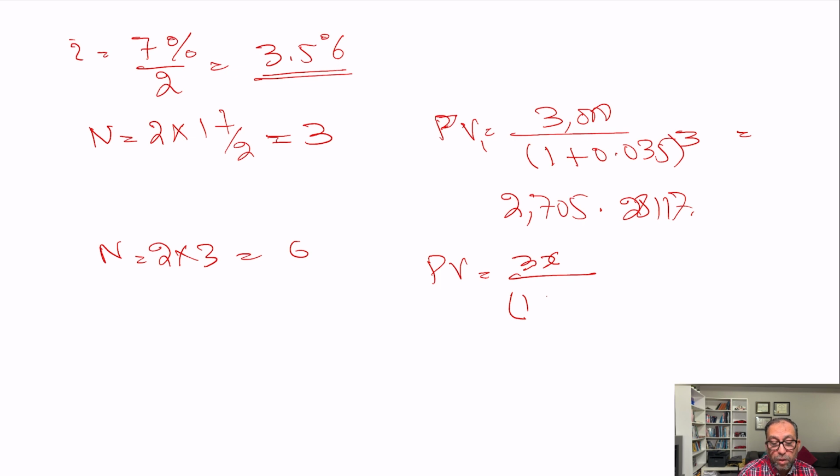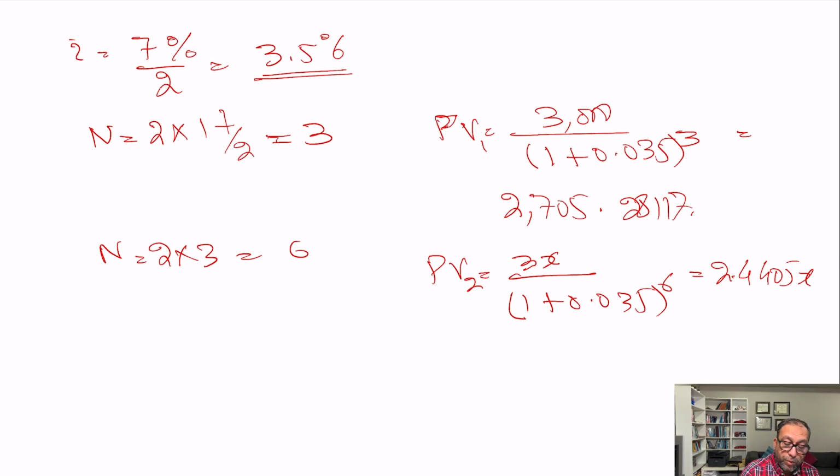Now we are making the payment 3x, times 1 plus 0.035 exponential 6. So we get the value in terms of x, which is 2.4405x. This is P2.